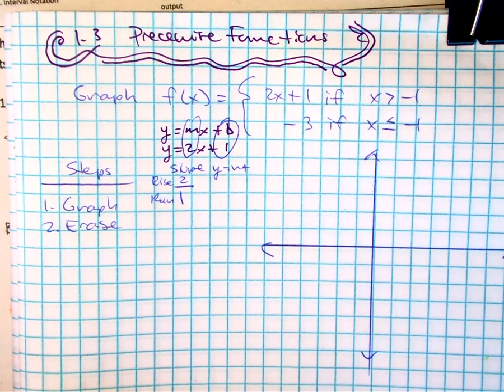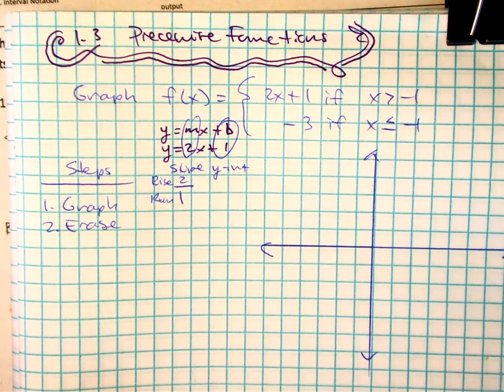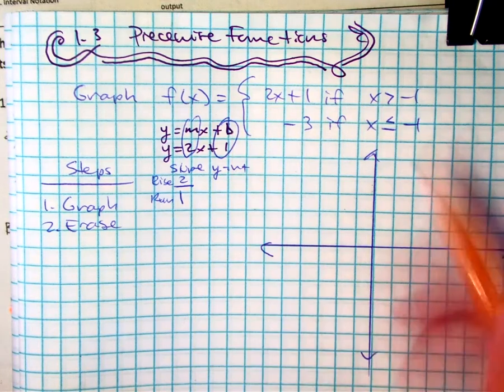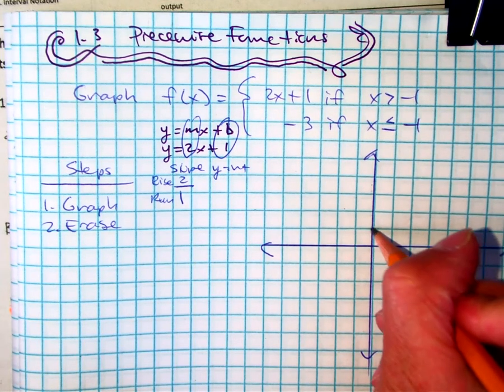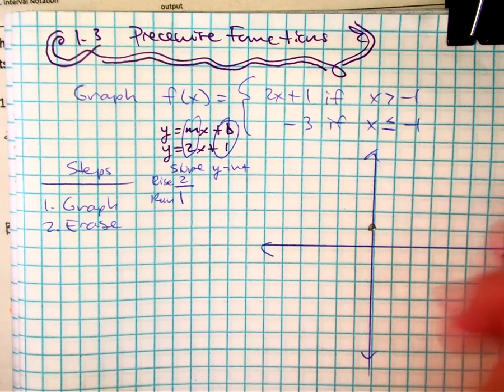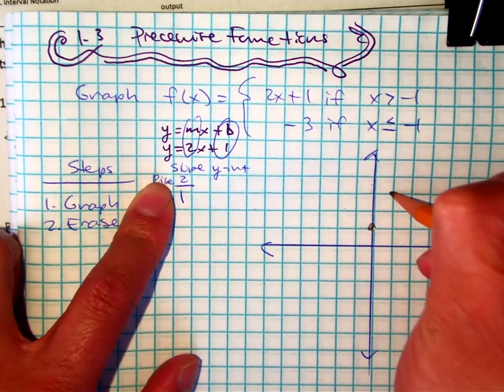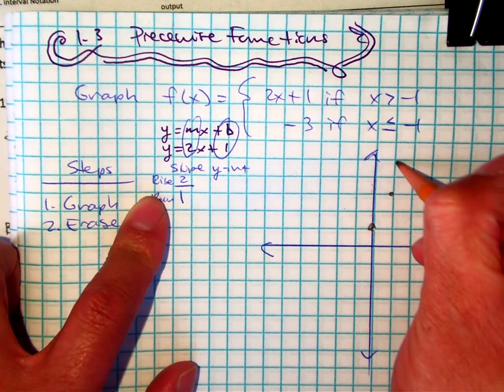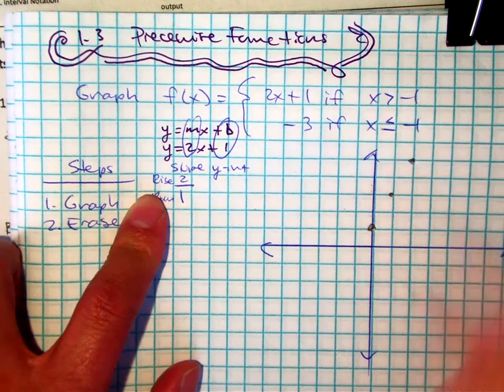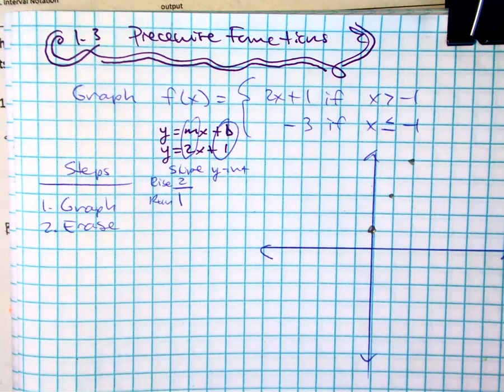Let's graph that. I'm going to graph using a pencil. So I start at 1 on the y-axis, and then I'm going to go up 2, rise of 2, run of 1. Rise of 2, run of 1. Just need a couple of points.